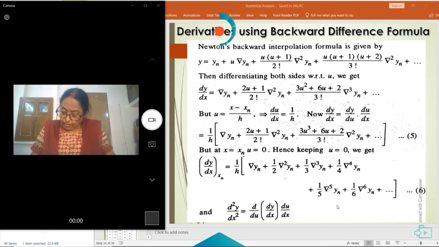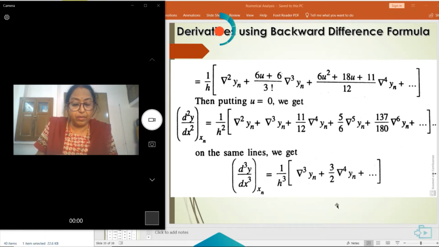Similarly, d2y by dx square can be written as d by du of dy by dx into du by dx, and that is equal to 1 by h into the expression within brackets.